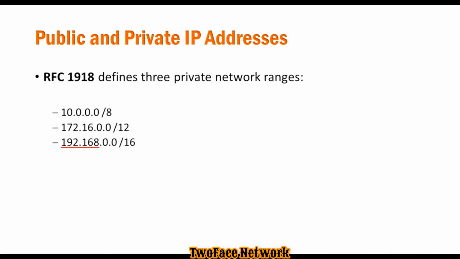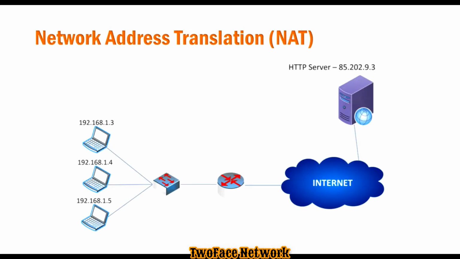So they're not routable on the internet. They shouldn't end up in the internet. So there should be no packets in the internet with any of these addresses in the source IP address field or destination IP address field. So these don't exist on the internet. How is this achieved? Well, by using NAT.